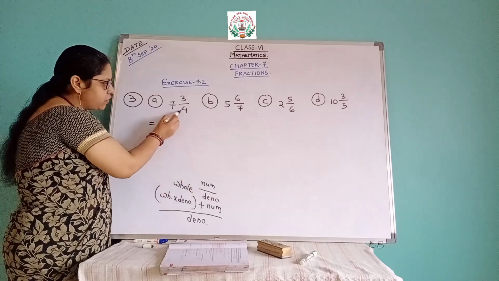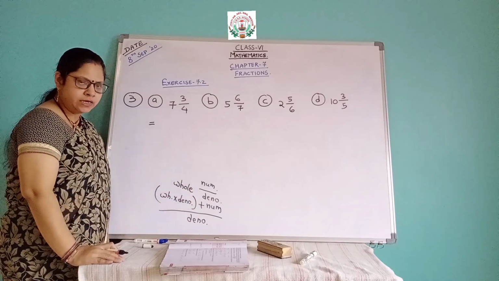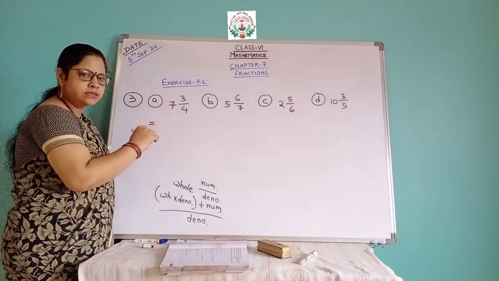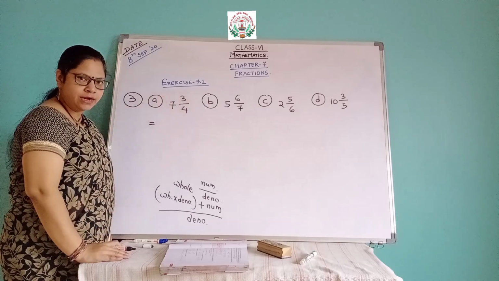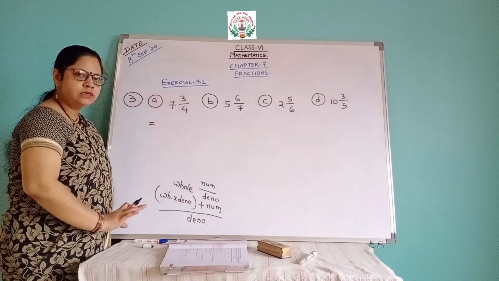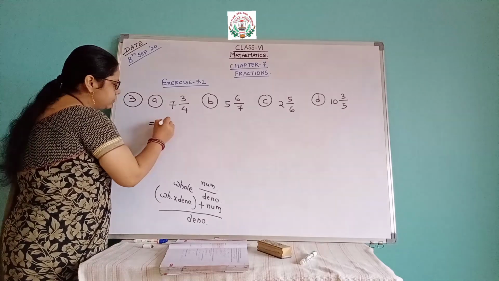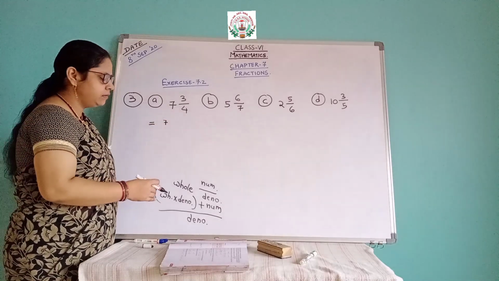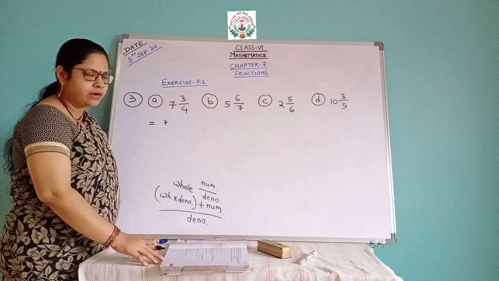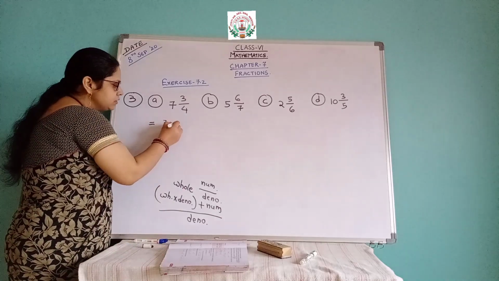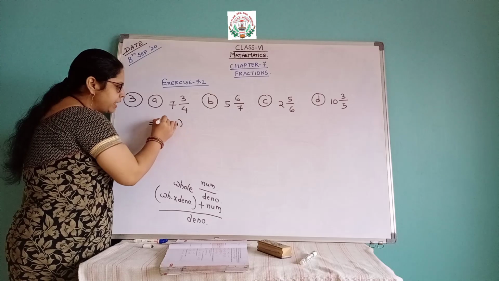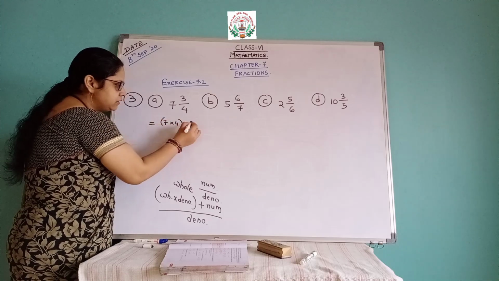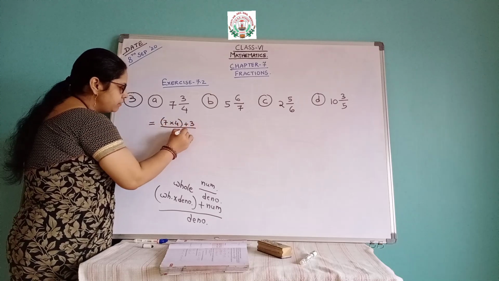Understood? The denominator and the whole number are multiplied, to that answer the numerator is added, and the denominator stays the same. You have to extend the writing a little; you can't just write a direct answer. So we write 7 into 4, add 3 to that answer, and the whole is divided by 4.